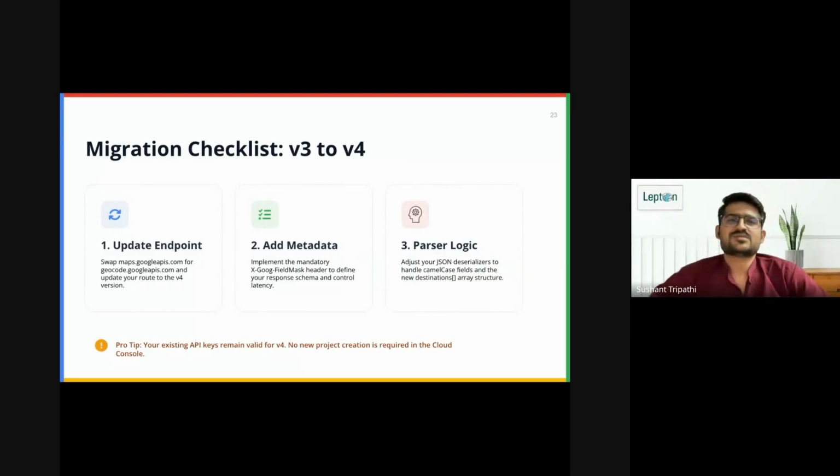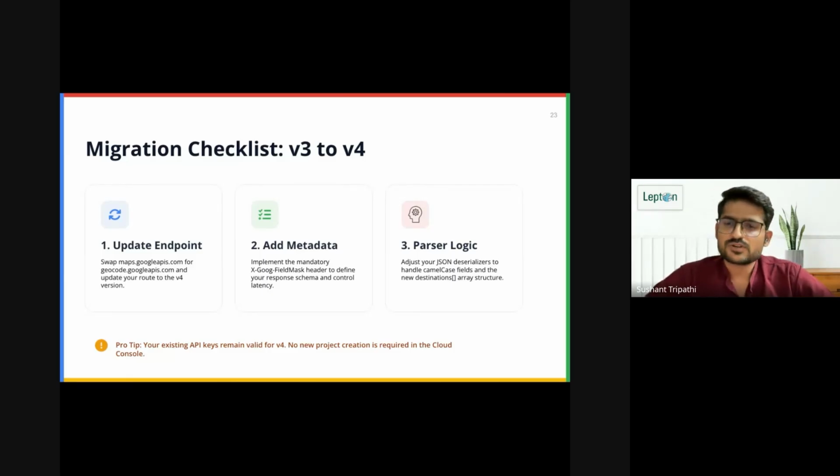Okay. So now we have understood what it can do for us, how to use it and everything. But when we talk about migrating from V3 to V4, that's a major step for you. What we have to do is update the endpoint first, and that can be easily done by switching from maps.googleapis.com to geocode.googleapis.com, and that's done.